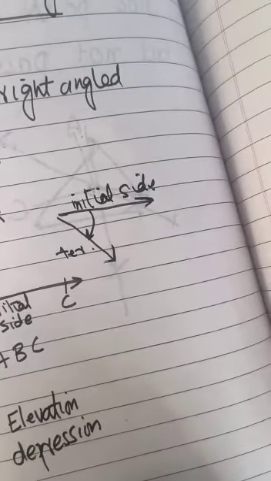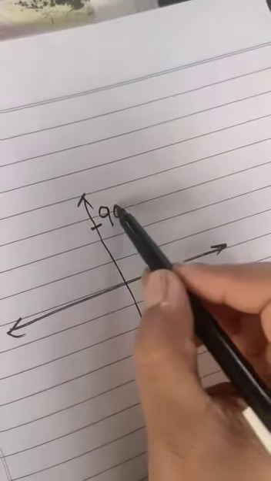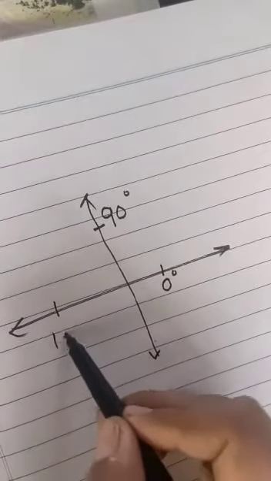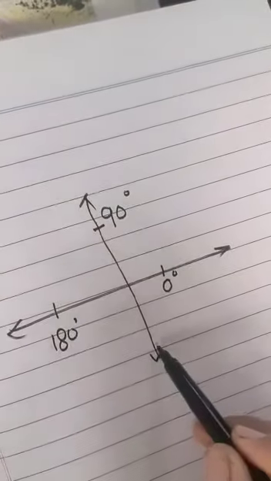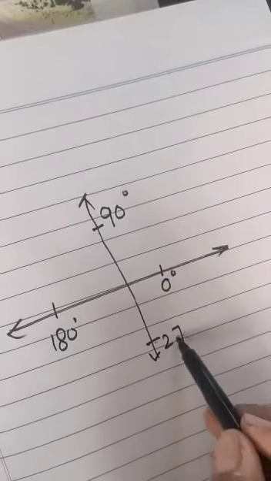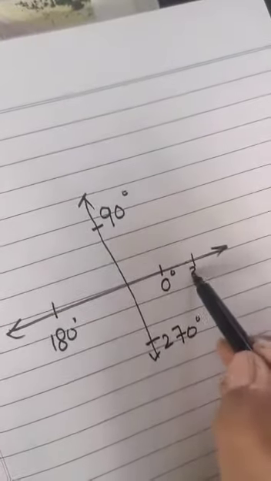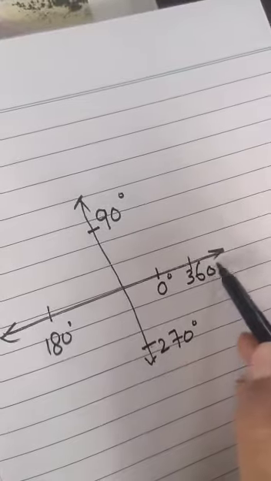Angle is in the xy plane, starting from the first x-axis, like this is the xy plane. In this xy plane you can see that this is 0 degree, it is 90 degree, it is 180 degree, and it is 270 degree, and then it is 360 degree.